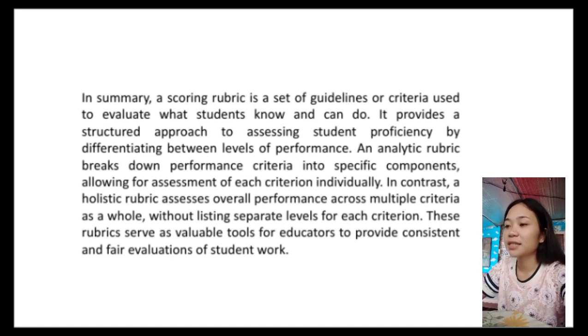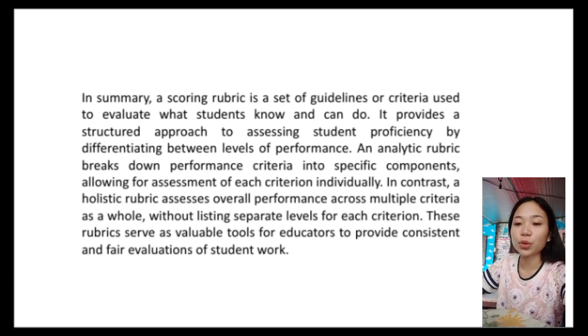In contrast, a holistic rubric assesses overall performance across multiple criteria as a whole, without listing separate levels for each criterion. These rubrics serve as valuable tools for teachers to provide consistent and fair evaluations of student work.